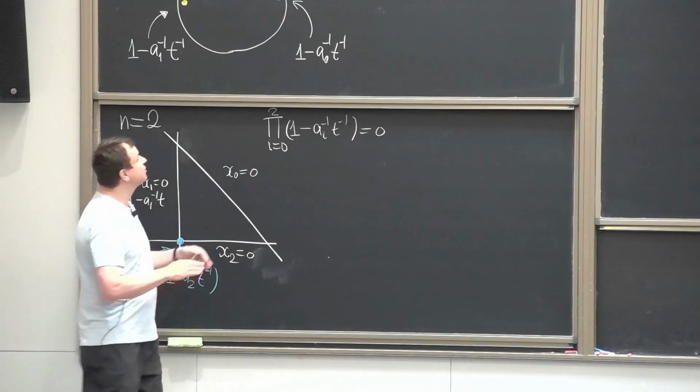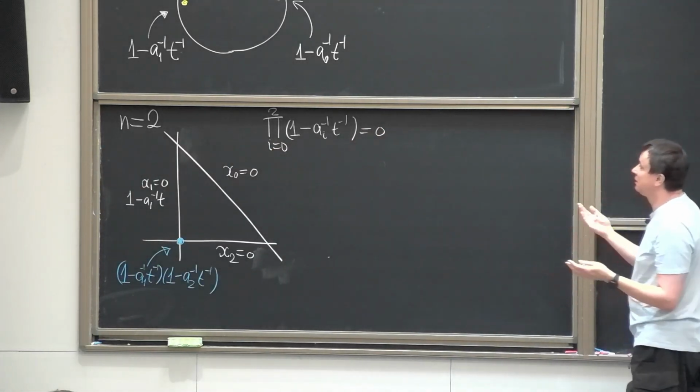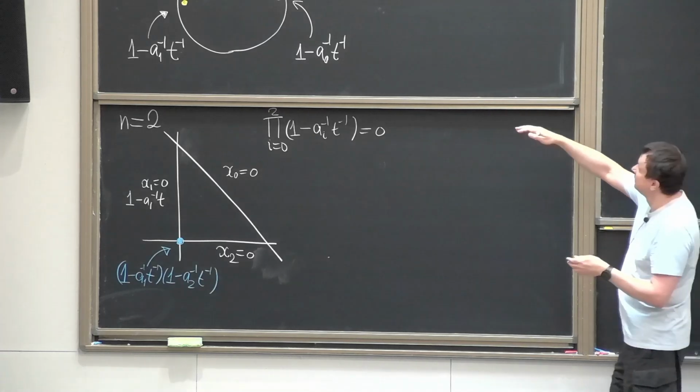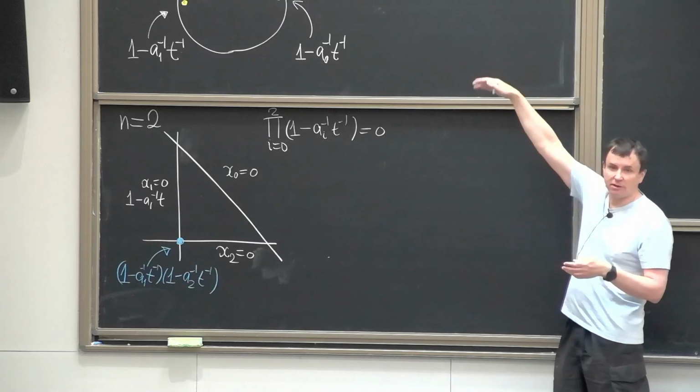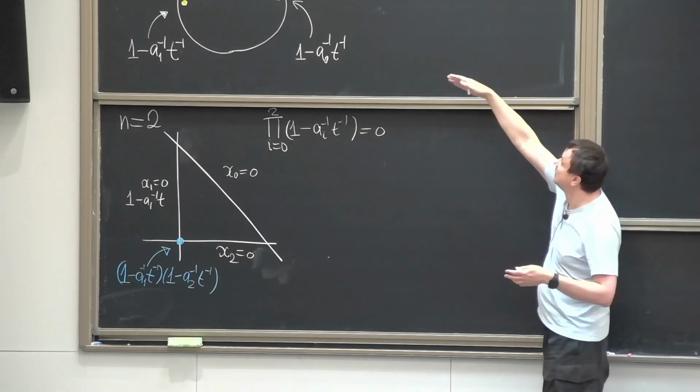So now let's do one more step. Since we decided that if we want to do equivariant elliptic cohomology, then we don't have some ring.